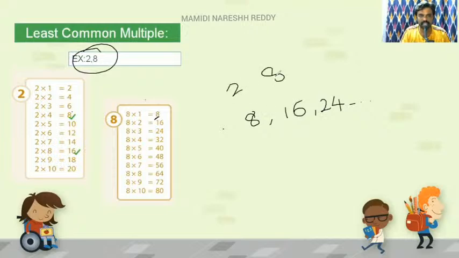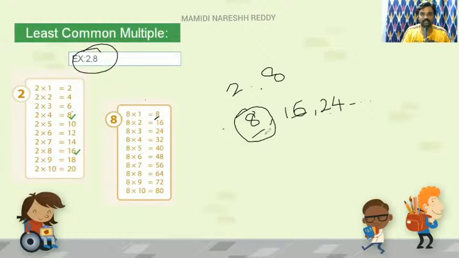These three numbers, 8, 16 and 24, are all divisible by 2 and 8. But here, what does LCM mean? Only the least one is the LCM. I think you have got an idea about LCM now. These three are the common multiples. Among them, we need to select the least one. We need to consider the least natural number as the LCM of the given numbers.